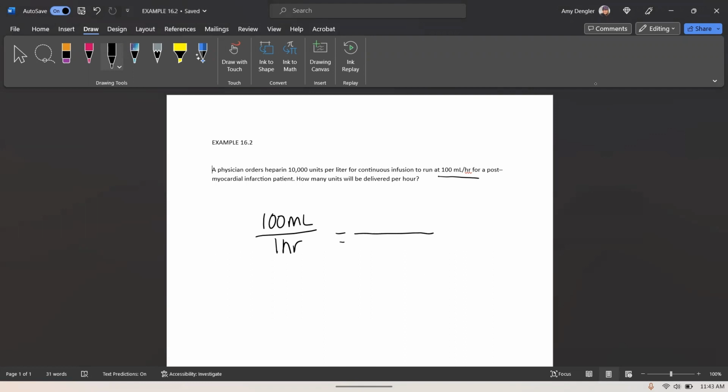So since I have to do two proportions, the first one I'm going to do because I want to find out how many hours it takes the heparin. So this liter here, we know 1 liter is 1,000 ml. So we want to know how much that 1,000 ml takes.